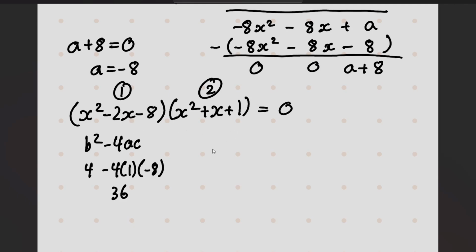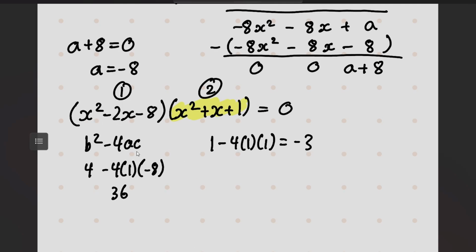What about the second equation? The second equation, b squared minus 4ac, will be giving us 1 minus 4, 1 and 1, and it's pretty much negative 3, which means this equation provides no solution below the x-axis.